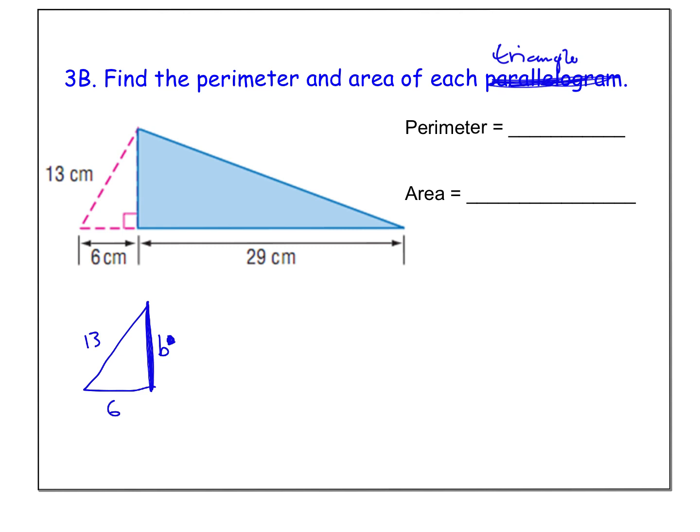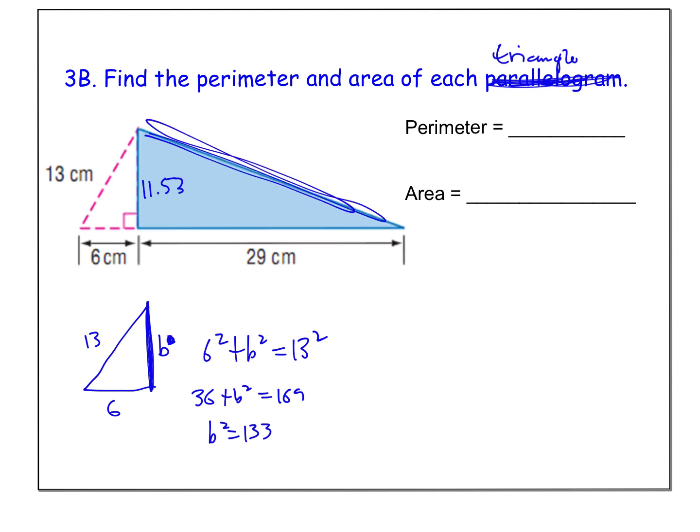So it would be 6 squared plus b squared equals 13 squared. So 169 minus 36 is going to be 133. So b will be 11.53. But then I immediately need to figure out the other side as well for my perimeter.